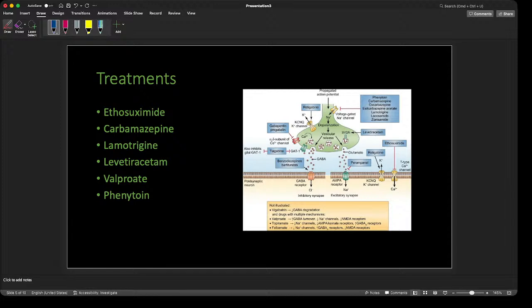So look at this without looking at any of the square boxes, and you can see right here sodium coming from the axon to the axon terminal area, going to depolarization. It's going to make the entire membrane positive, and then you're going to see that depolarization trigger calcium to come right on in.